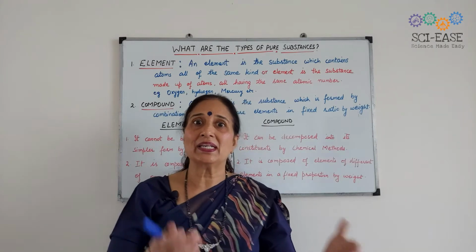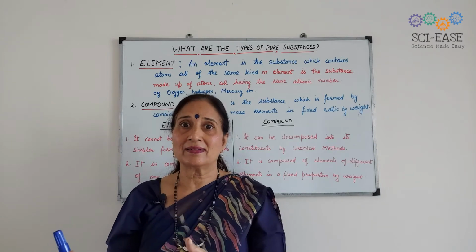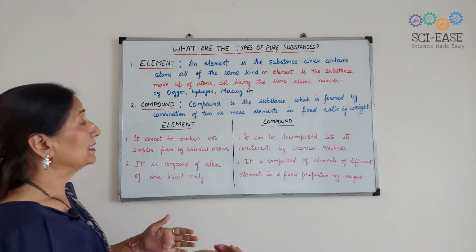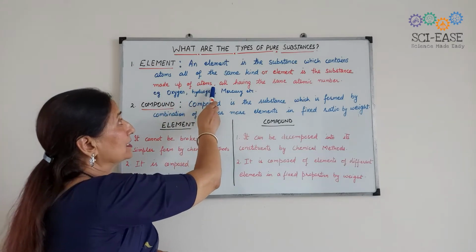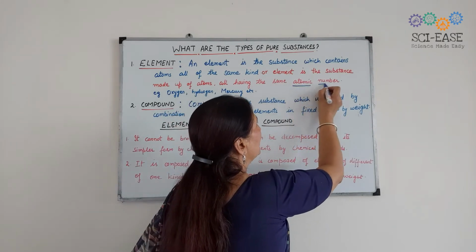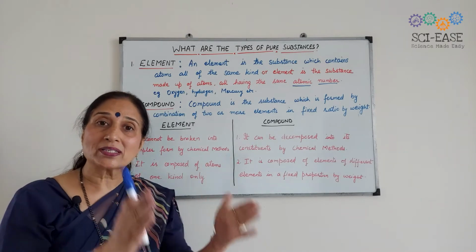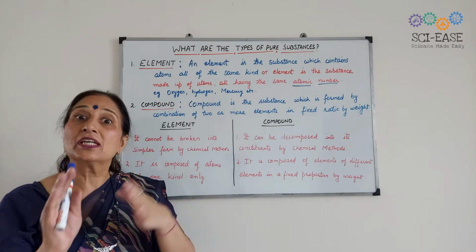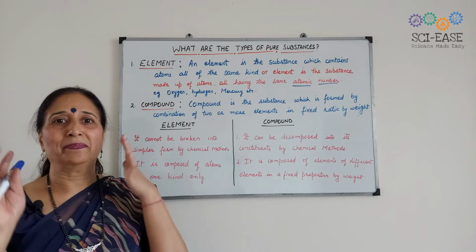If I take mercury, then it has all the mercury atoms in it. Means the other definition of element is the substance made up of atoms all having the same atomic number. Means oxygen element is there in which there are all oxygen atoms having 8 atomic number.